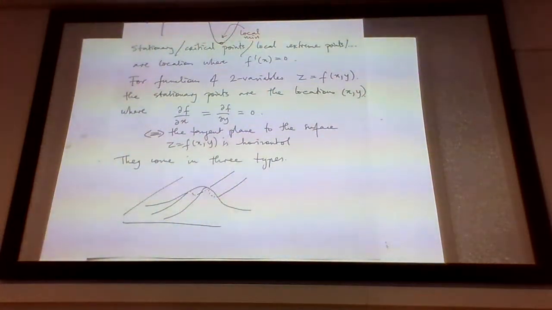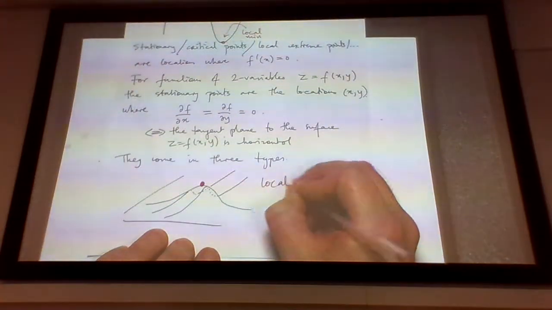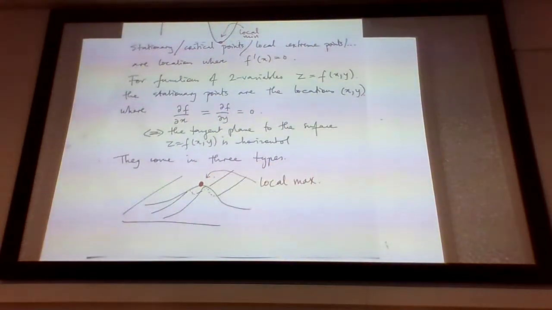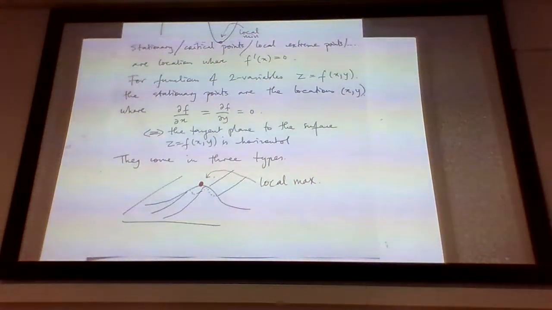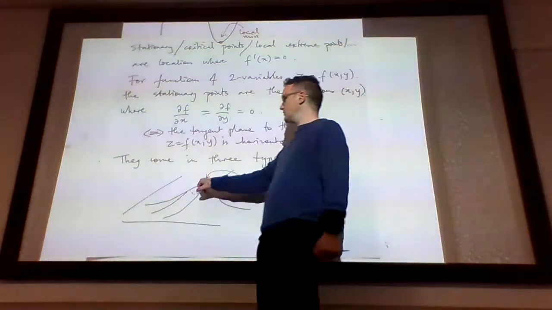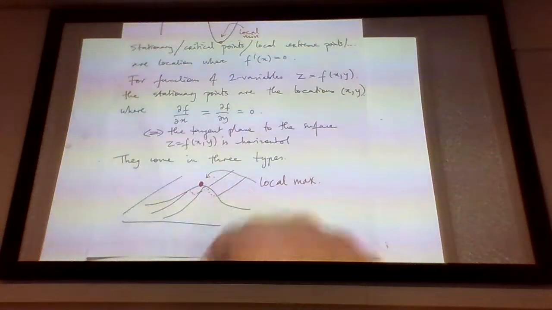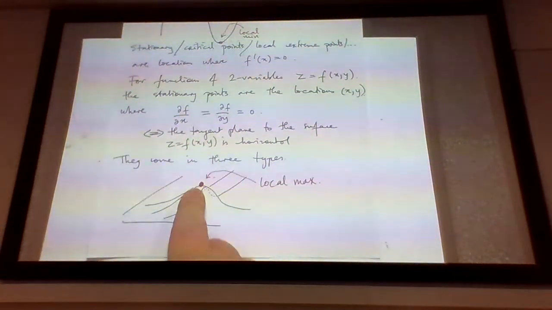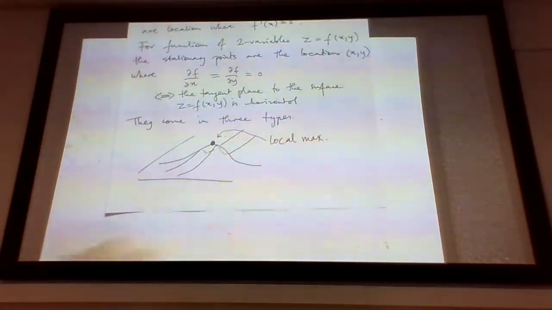So you get points like this, which look like, again, a local maximum. It's a point that on the surface looks like the top of a hill, right? Imagine a nice smooth hill. On the surface, the summit of the hill, the very top point, is the highest point for a certain neighborhood around it. There might be higher hills elsewhere on the surface, but locally around this point, this is the maximum point. Okay, so it's a local maximum.